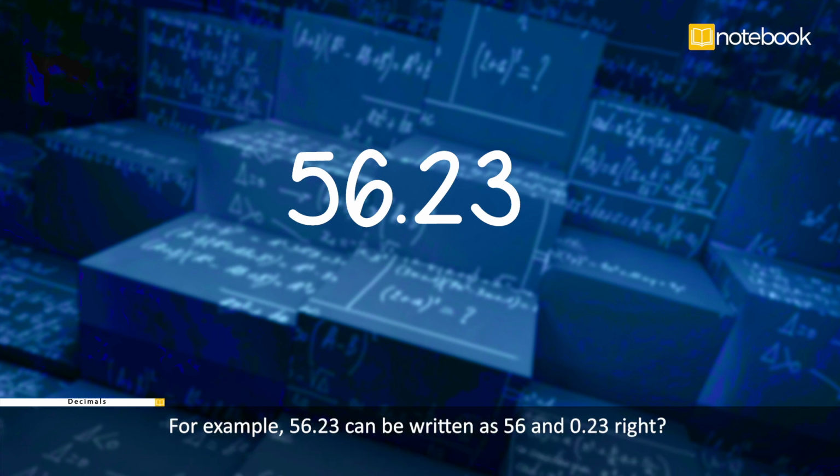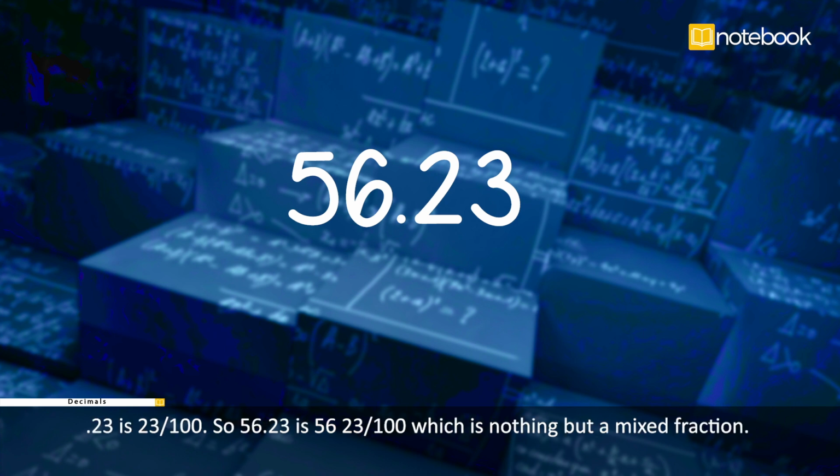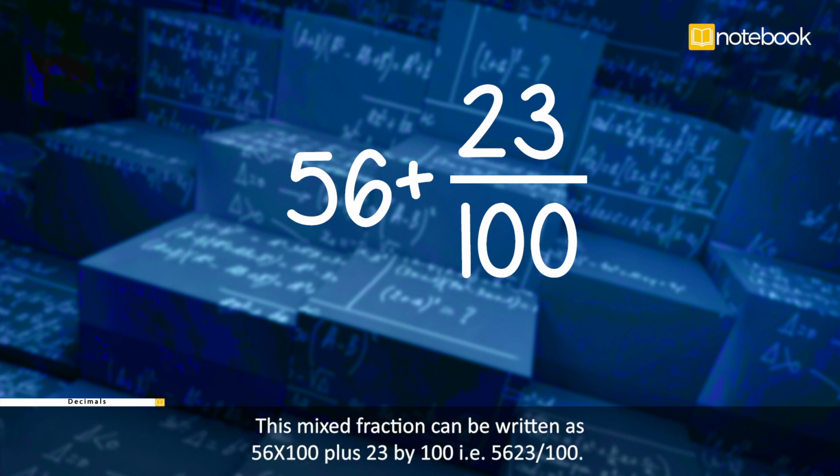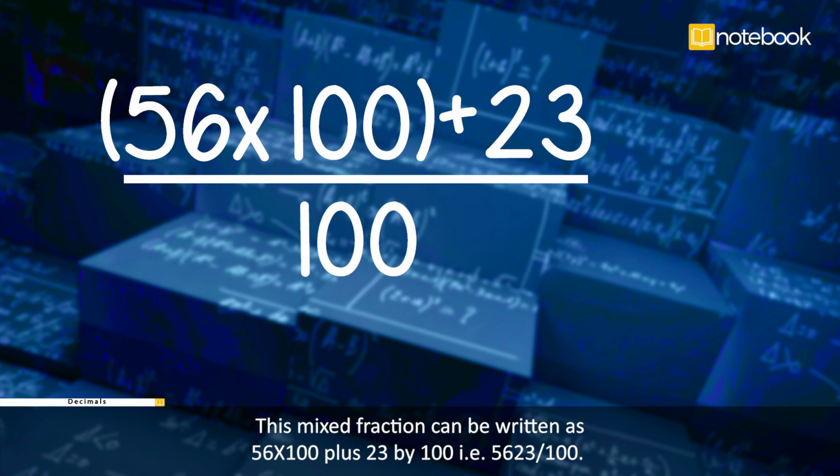For example, 56.23 can be written as 56 and 0.23, right? 0.23 is 23 over 100. So 56.23 is 56 and 23 upon 100, which is nothing but a mixed fraction. This mixed fraction can be written as 56 into 100 plus 23 divided by 100.